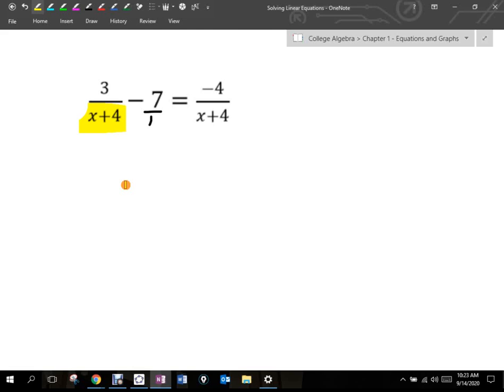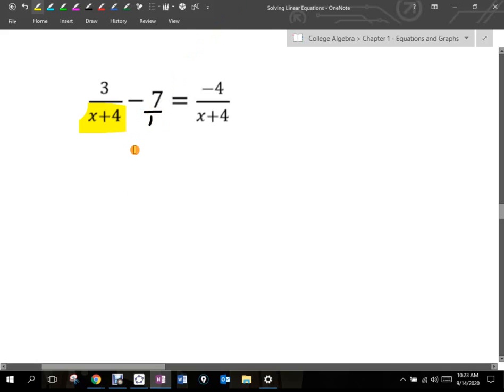Does that make sense? Okay. So x plus 4 is part of my LCD. If I look at 1, obviously that's got to be part of my LCD, but it's trivial. It doesn't change my LCD at all. And then here, x plus 4, well, that's already taken care of here. So my LCD here is this number, x plus 4, whatever that turns out to be. Does that make sense? Okay.